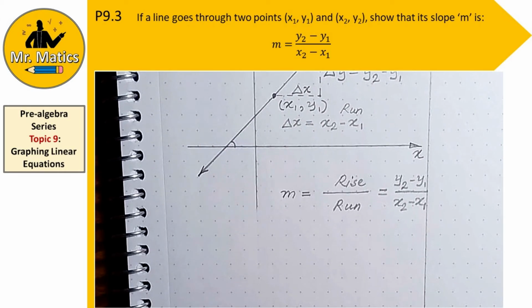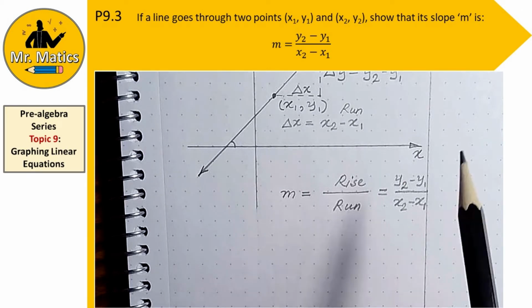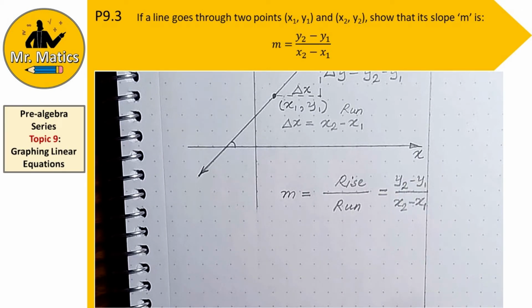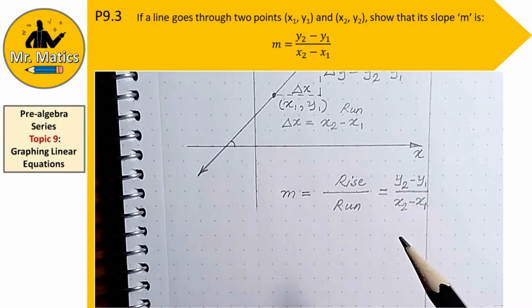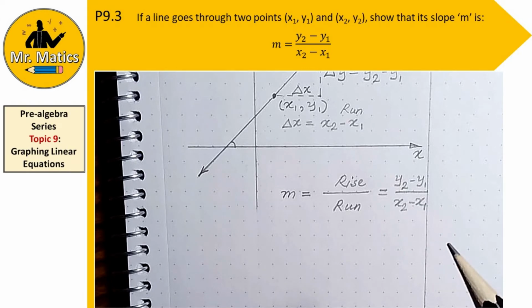Okay, we can stop here. I mean, we have proved right now that that's the ratio and that's the slope. But I just wanted to explain a little bit more.